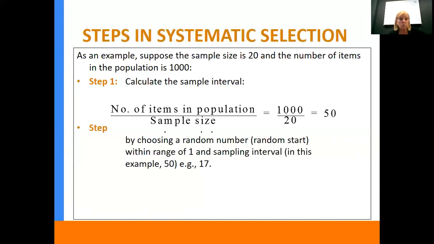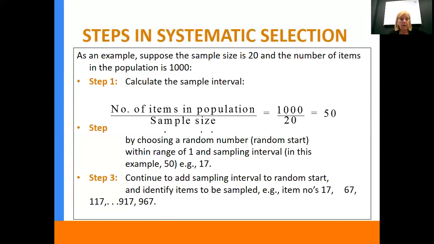So in this case, I've got to choose a number between 1 and 50. For example, I could choose 17. So I start with the 17th item, and then I choose every 50th item after that, until I have 20 items.